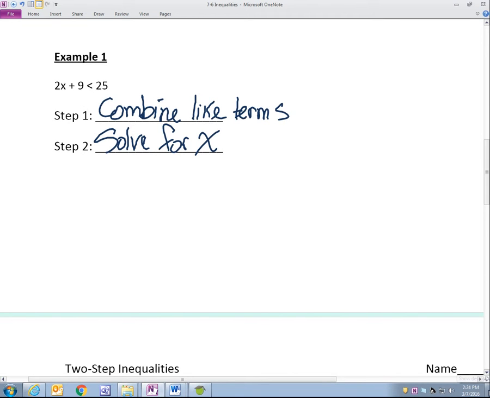I'm going to rewrite this. To combine like terms, I have to use SADMEP, and the first thing I have is addition. I'm going to subtract 9 to do the inverse.